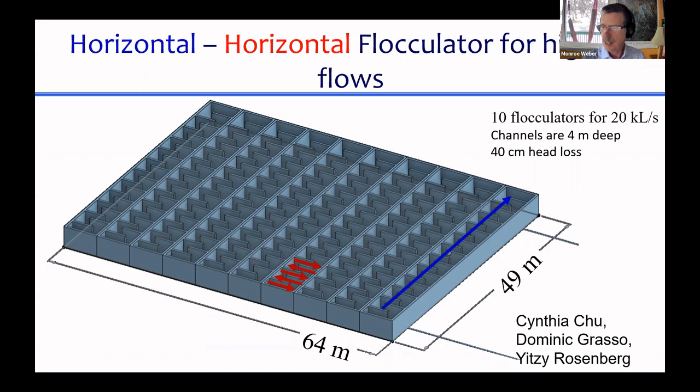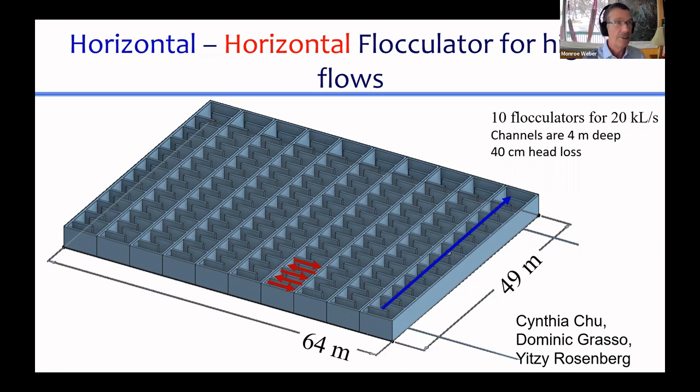I'm trying to figure out, is that 20 liters per second total? And now I don't remember. I think that was 20 kiloliters per second total, which is a big number. 20,000 liters per second. This was for a design for a plant for Los Angeles that we were playing with.